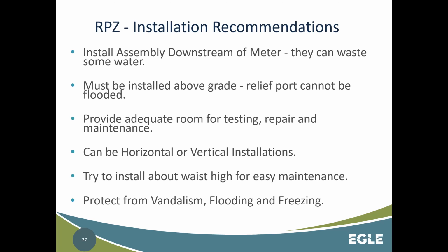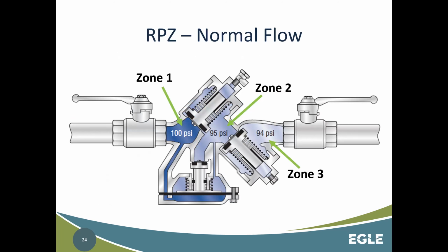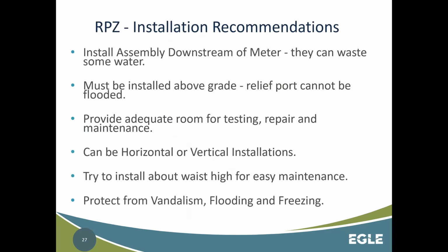And the reason for this is there's a relief port there. And if you remember how it filled up like this, it fills up from the upstream side. This is the city water coming into this. So if that relief port is exposed to an area that could flood, it could easily backfeed or become a cross connection into the water system, okay?